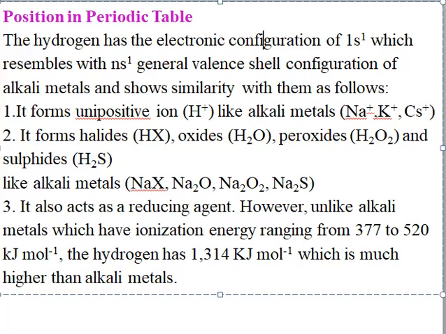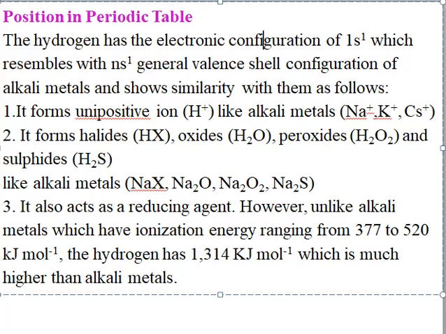It forms unipositive ions, that is H+ ions, the same as the alkali metals. We know the alkali metals sodium, potassium, rubidium, cesium, lithium, etc. They form the sodium ion Na+, potassium ion K+, cesium ion Cs+, like that. Hydrogen also forms the H+ ion, that is the hydrogen ion.